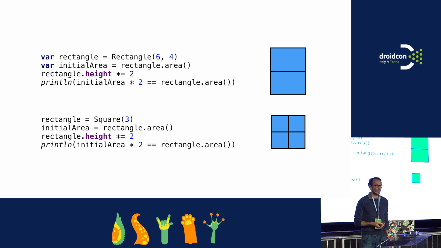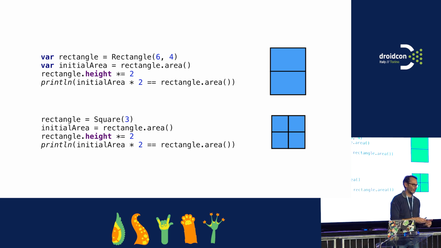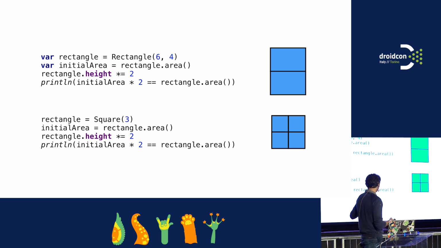And then we can calculate again the initial area. Then if we do the same thing, so we double the height, we expect that the final area is the initial area multiplied by 2. In reality, it's not true, because when we change one side of the rectangle, inside the implementation it changes the other side as well.